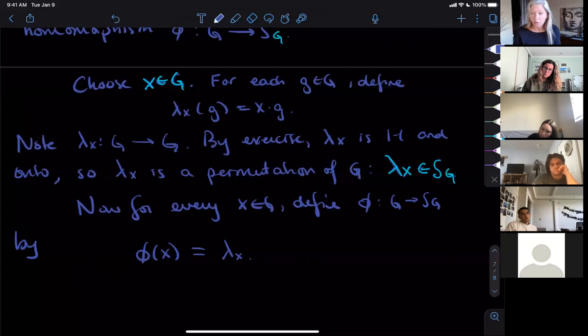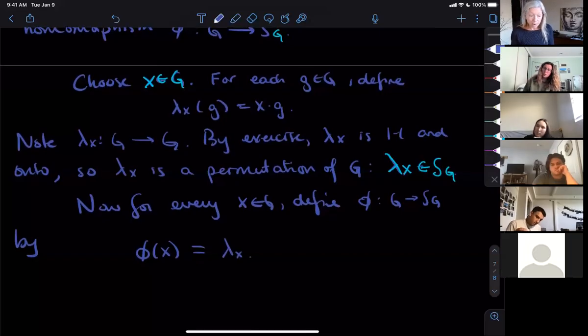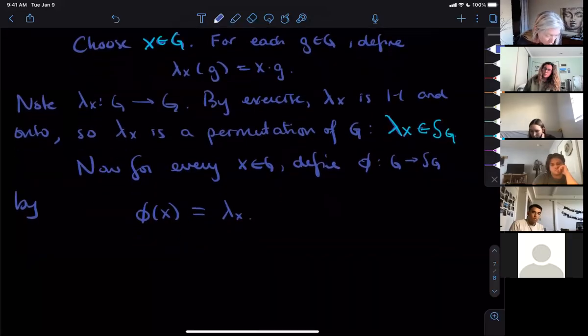What do we have to show? Who knows where we are in this proof? I'm guessing the homomorphic part. Yeah, right. We have to show the homomorphic part, and then it's one-to-one, and then onto whatever it's onto. Okay, so show homomorphism.